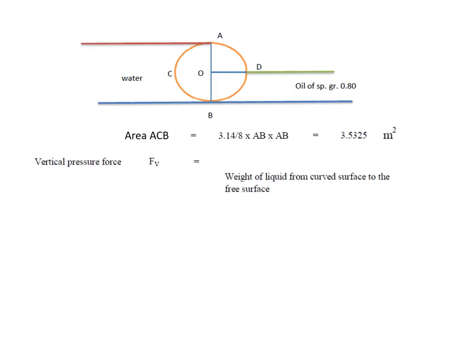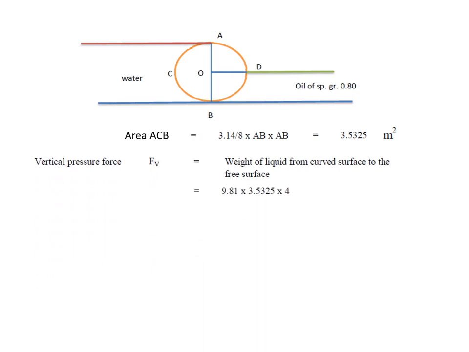So I want to find the vertical pressure force, which is the weight of liquid from the curved surface to the free surface. Area into length will give volume, and volume into specific weight will give you Fe. So this is 138.62 kilonewtons, which is acting upwards.